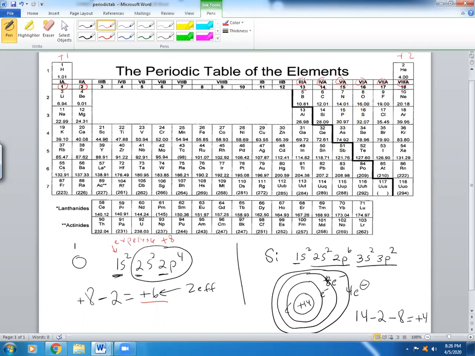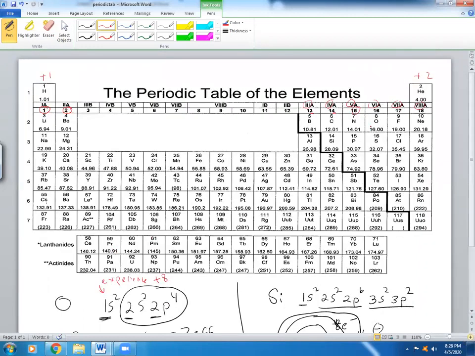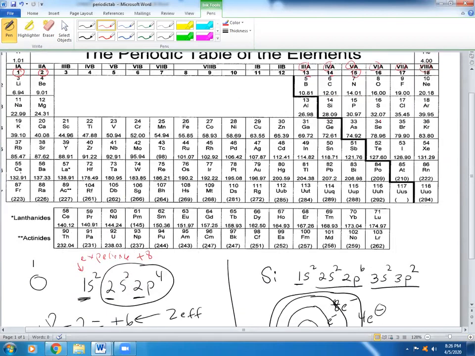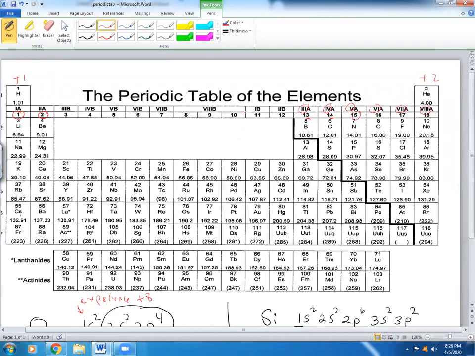So I look at this digit right here, the 5, or the Roman numeral 5, and it's just going to be plus 5. So the Z effective for phosphorus is plus 5.